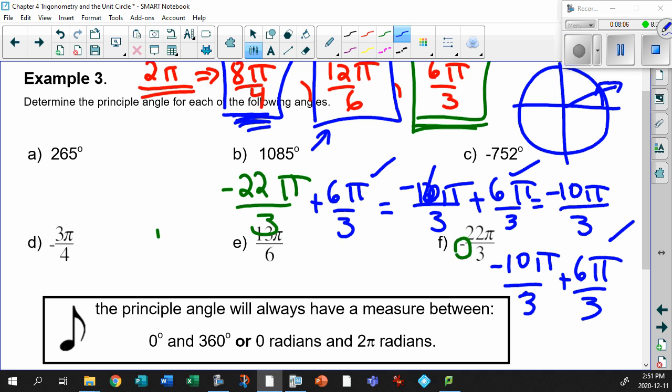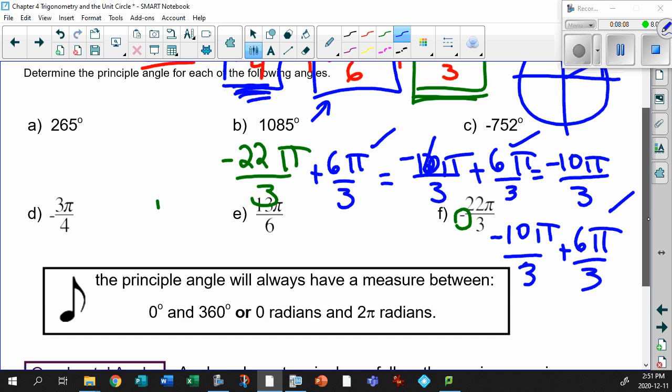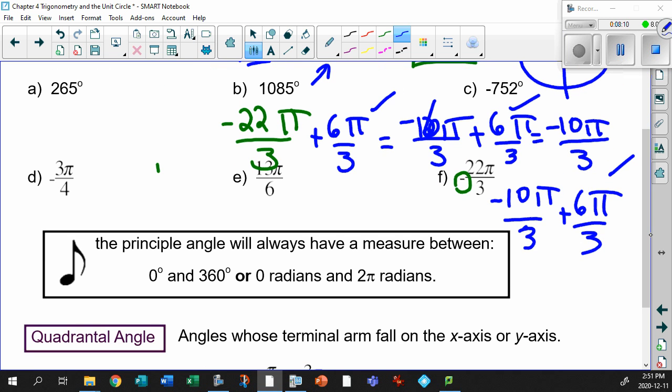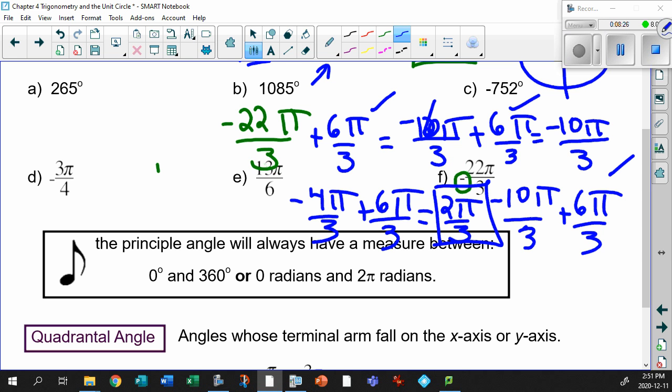That means it's gone around at least 3 times so far, but we're still in the negative. This is going to give us minus 4 pi over 3. So guess what? Add another 6 pi over 3, and look what you finally have, the smallest positive value, which of course is going to be 2 pi over 3. There's our answer.